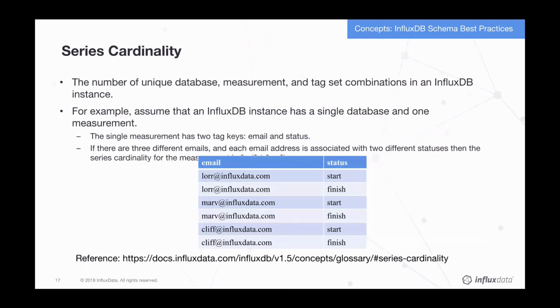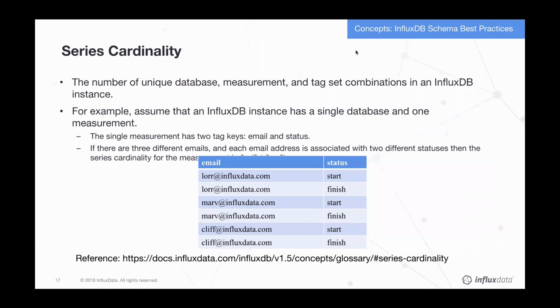So here we have a really simple example. Let's pretend I have 2 tag keys in my measurement called email stuff. My 2 tags are going to be email and status. For email, I have 3 different options, and for status, I have 2.